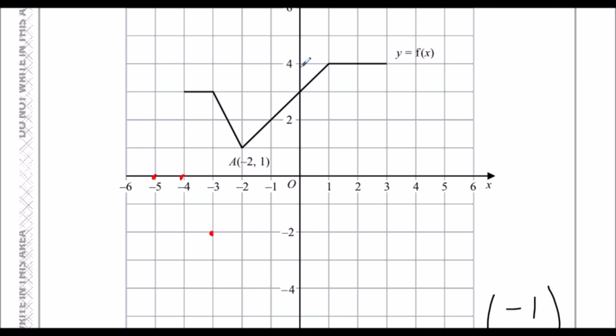And over here, left 1, down 3. And we'll just join them up. So we've moved each of the points left 1 and down 3.